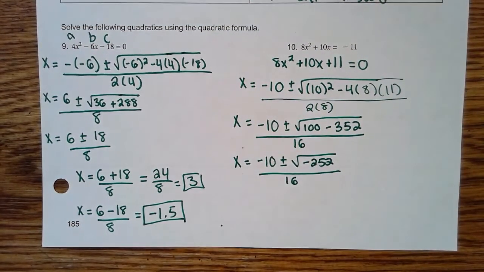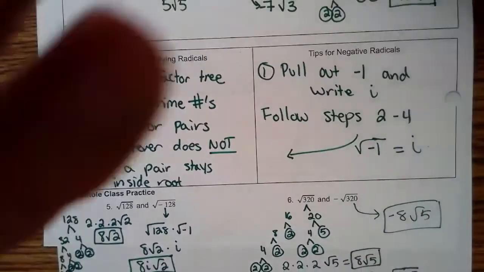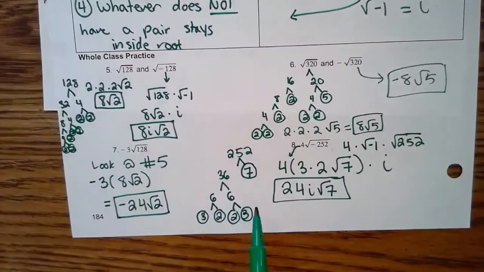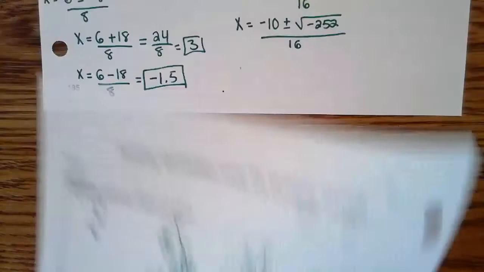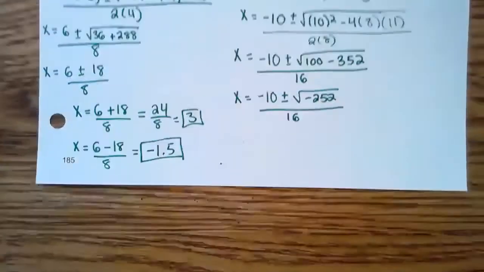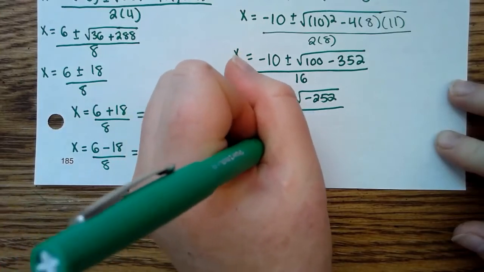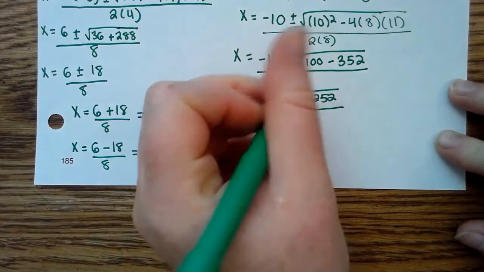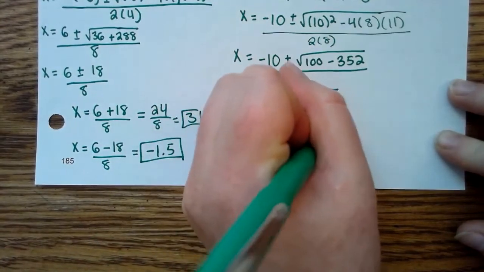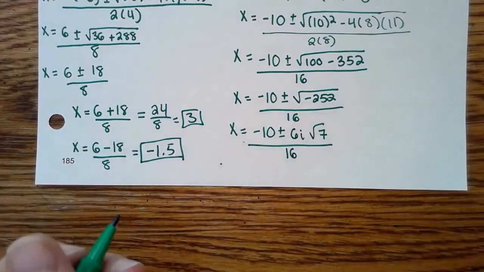Well, the square root of negative 252 looks familiar. We did that one already. We found out that the square root of negative 252 was 6i root 7, so I'm just going to use that again. x equals negative 10 plus or minus 6i root 7 over 16. That i is there because of that negative.